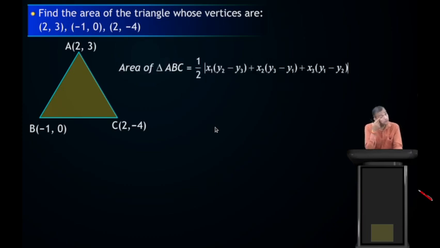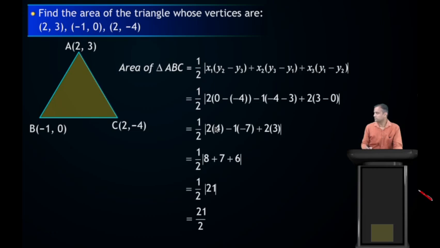Now this is the formula to find the area. So what is the formula? It is 1 by 2 [x1 (y2 minus y3) plus x2 (y3 minus y1) plus x3 (y1 minus y2)]. Now you can put all the values.